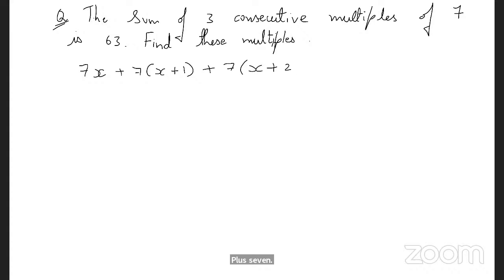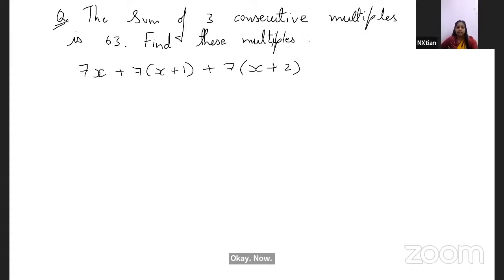Now, I did such a question with you in class that if multiple was not given, it would only say three consecutive numbers. So we'd use x plus 1, x plus 2. But since it's saying that they are multiples of 7, outside the bracket we put 7. Means that 7 into x plus 7 into x plus 1 plus 7 into x plus 2.